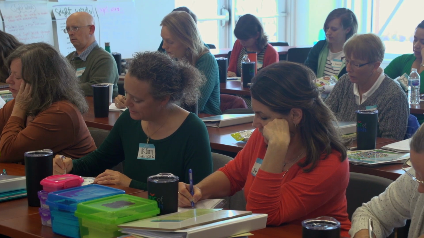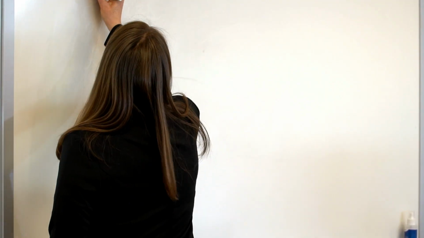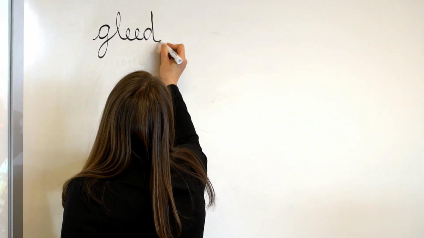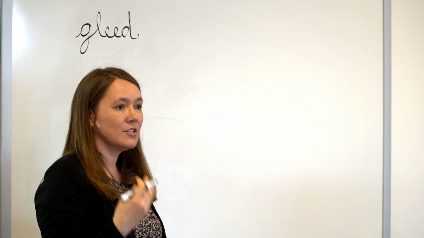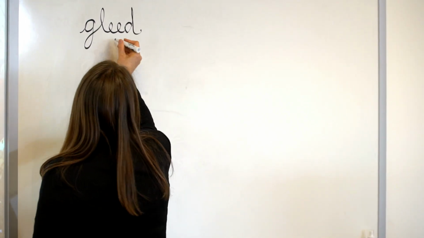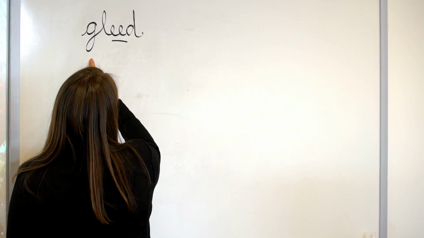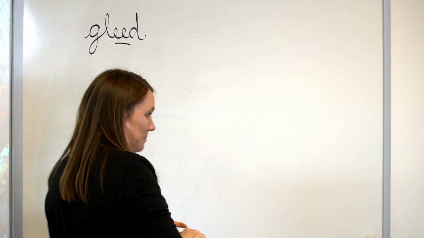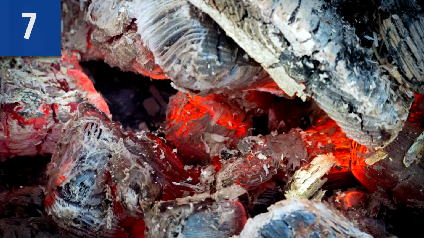Use E-double-E. D. Write it, and as you write it, sound it out. And then help me to write it. G-O-E-D. And how will we mark it? Underline the E. And let's sound it out together. G-O-E-D. Gleed.